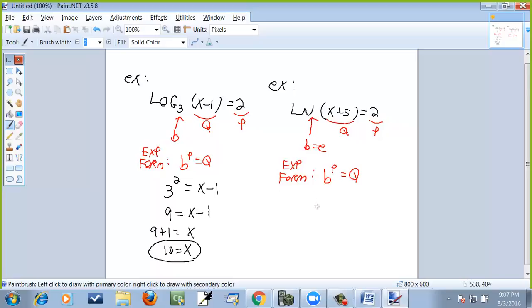B we said was e, p was 2, and q is x plus 5. Now we want to solve for x, so I take the 5 over, and we got e squared minus 5 is equal to x. And if I plug that back in up here, the 5's would cancel, and I have e squared, which is not negative, and it's not 0. So that's our answer.